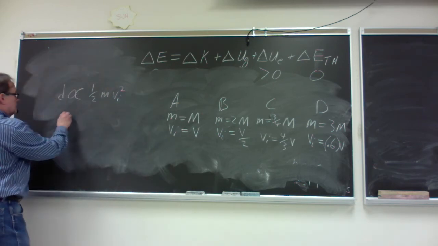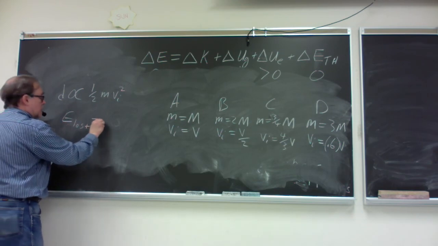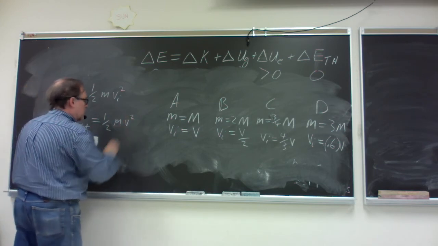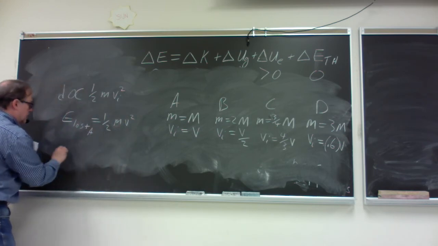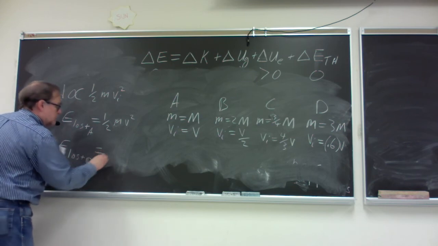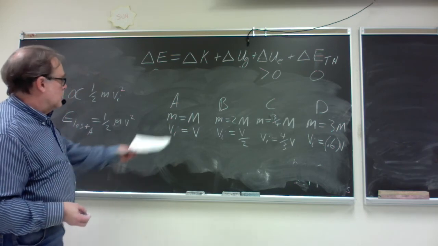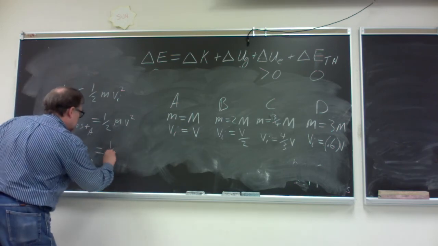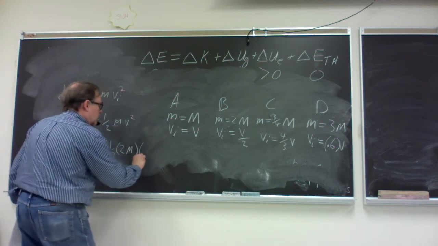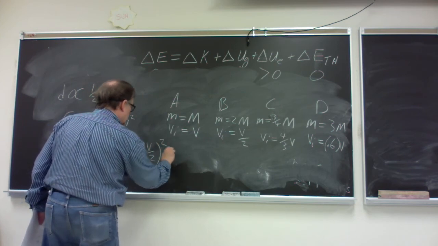We'll just call the energy lost by car A its initial kinetic energy, 1/2 mv squared. And the energy lost by B was just its initial kinetic energy, which is what? 1/2 a mass of 2m times a velocity of 1/2 v, and that velocity is squared.